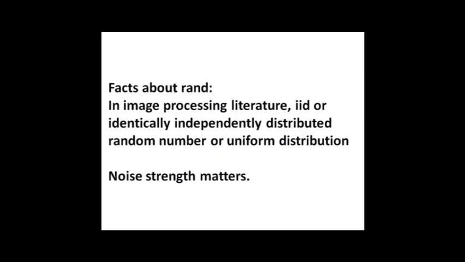That means any pixel value, the intensity value inside the image, is equally likely. Meaning if it is between 0 and 255, some pixel value can be 25, the pixel next to it can be 0, the pixel next to it can be 100, any value equally likely.